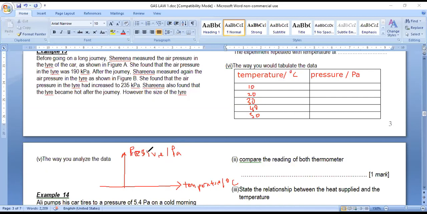No need to plot the graph because we did not do the experiment. This is just the planning of an experiment.